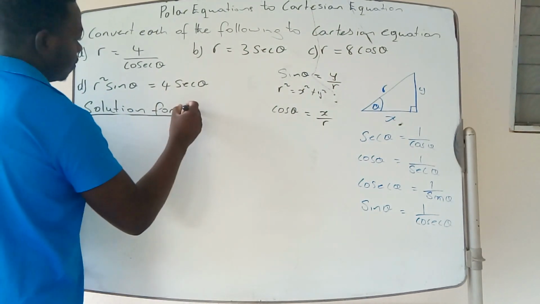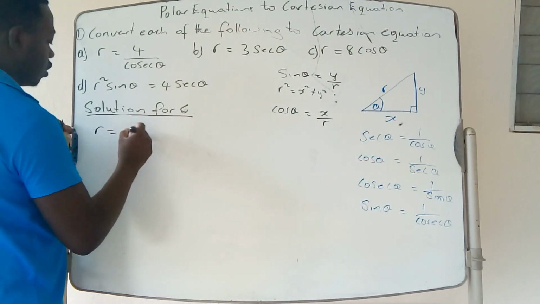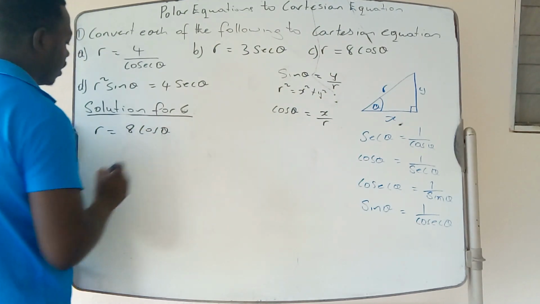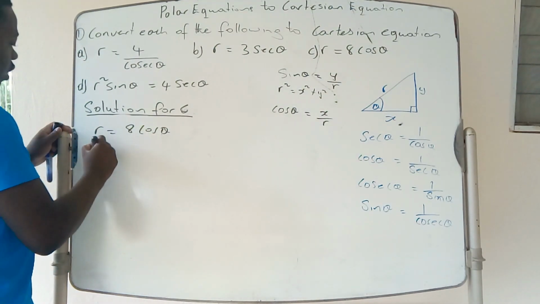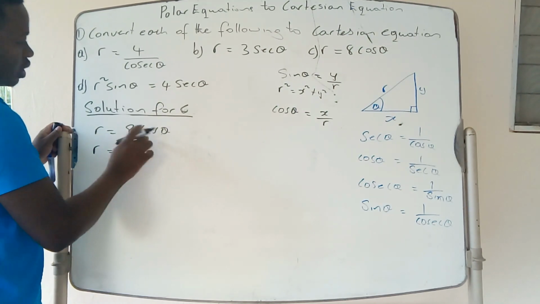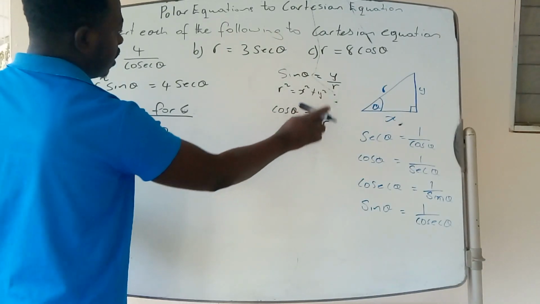Part C says r is equal to 8 cos theta. So r is equal to 8 times cos theta. But what is cos theta? We know that cos theta is just equal to x over r.